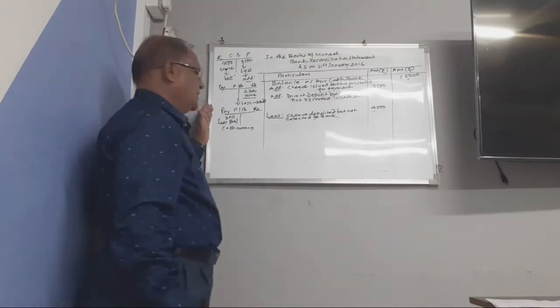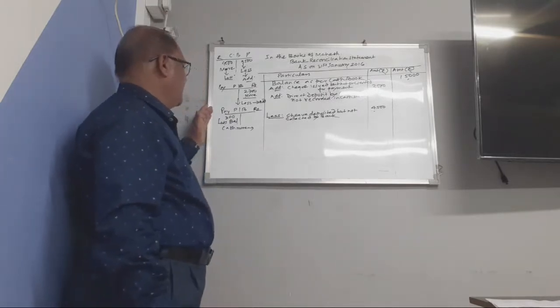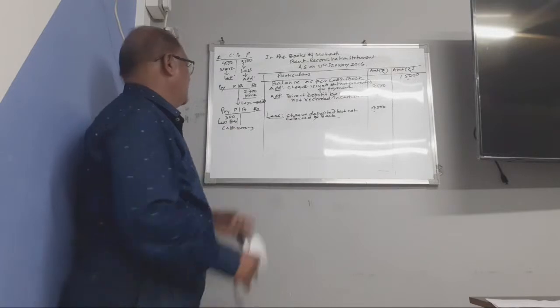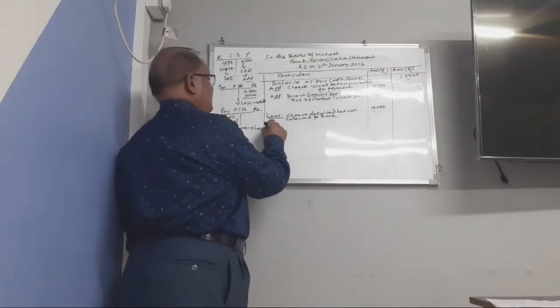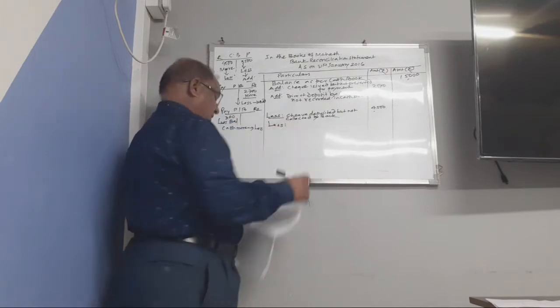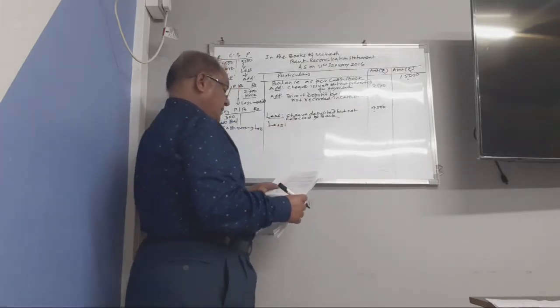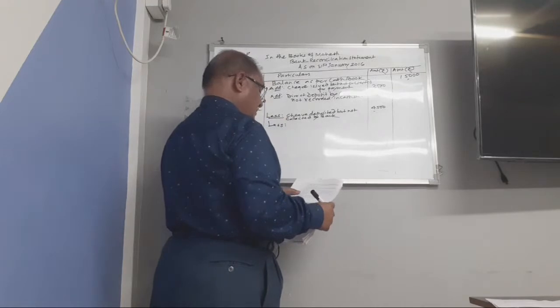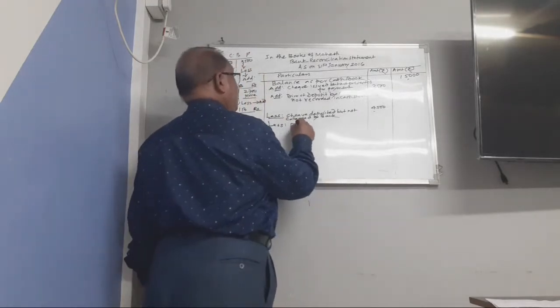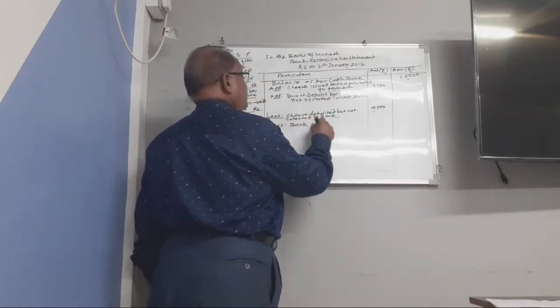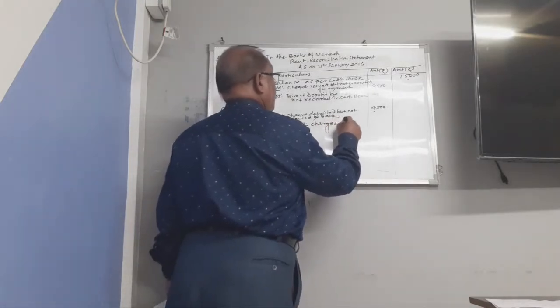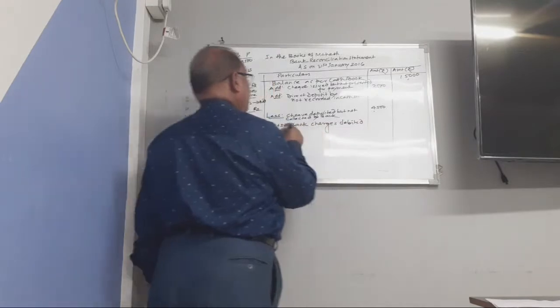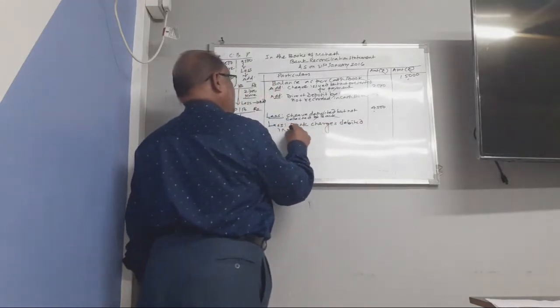So the cash book shows more balance and the passbook shows less balance. More means less, so we have to show this in the less column. For that, you write here: bank charges debited in passbook.